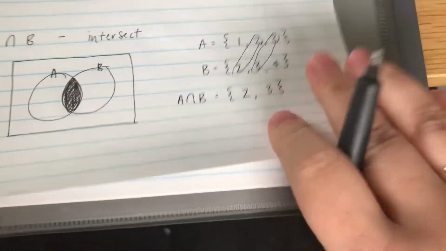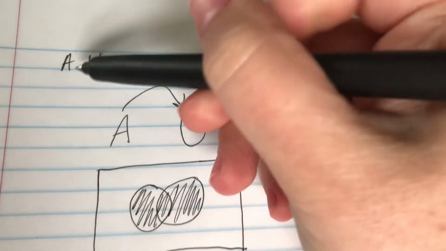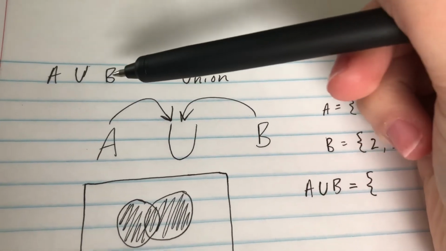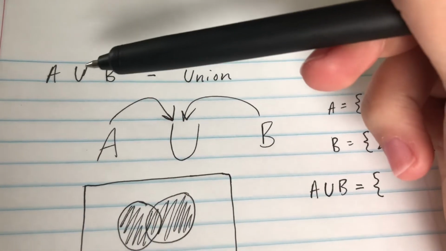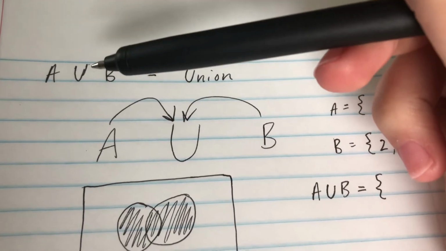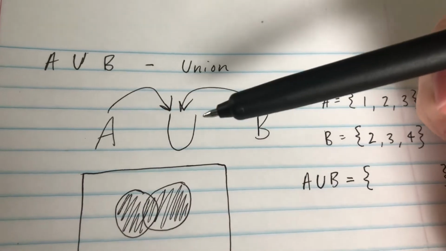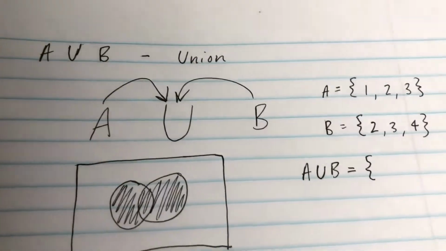Okay? And then if we move on to this symbol, we read this as A union B. That one's easier to remember because it's actually a U. This is something that we started teaching last semester.